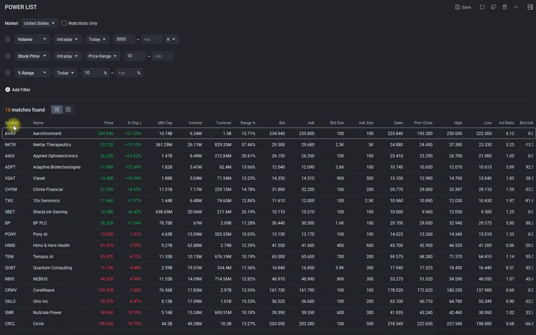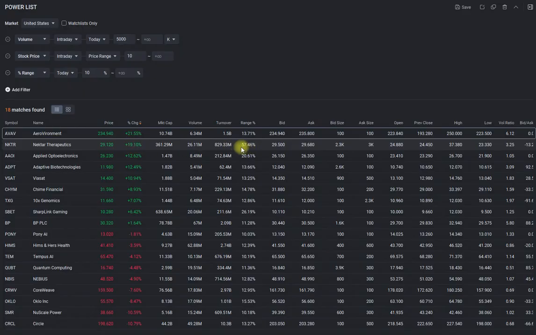Now let's go with the flow, meaning go with NKTR, which was a great mover yesterday. Remember, it moved like 150%, and today it moved over another 19%. And the intraday range was 57%. That's a huge number.